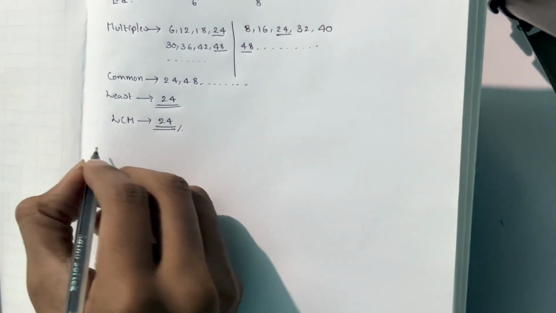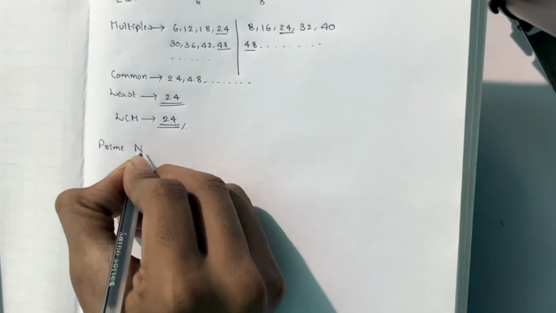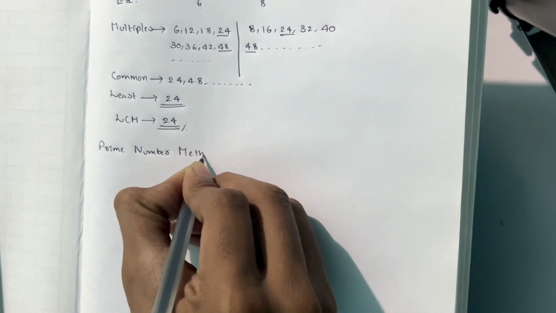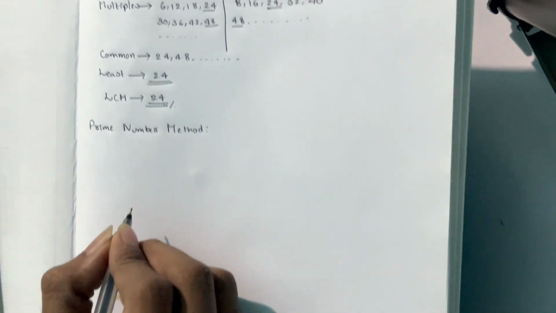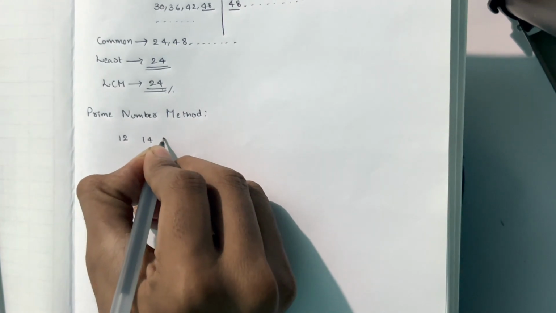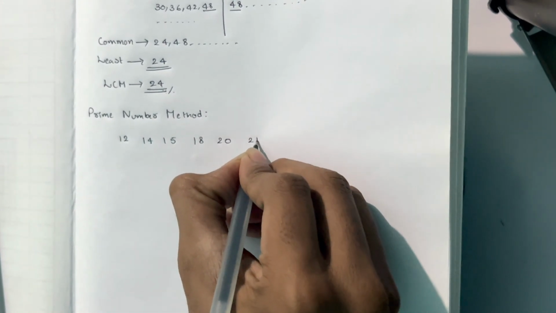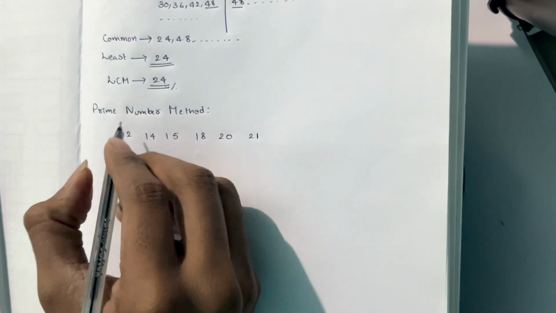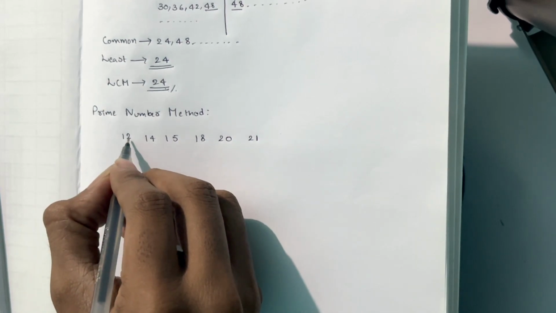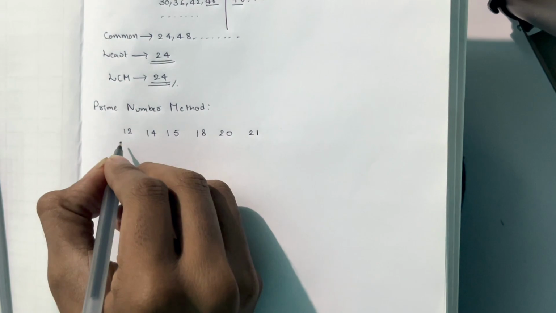We can also find the LCM using the prime number method. Let me consider some examples: 12, 14, 15, 18, 20, and 21. In the prime number method, we convert these values into prime factors.